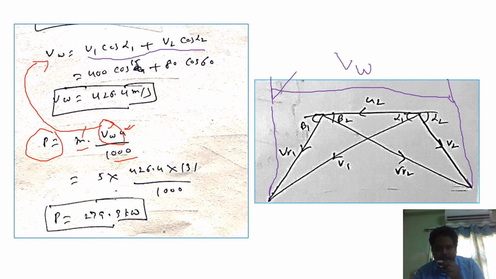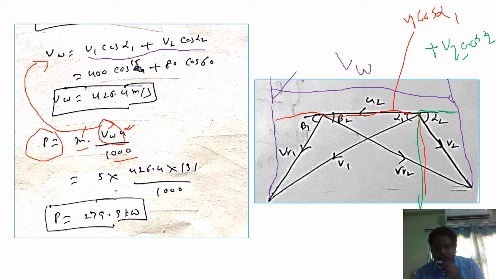This one is the V1 cos alpha 1, plus the remaining length, which if we divide V2, we can write as V2 cos alpha 2.